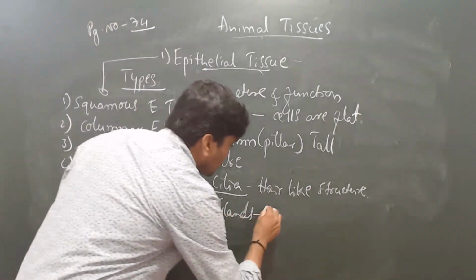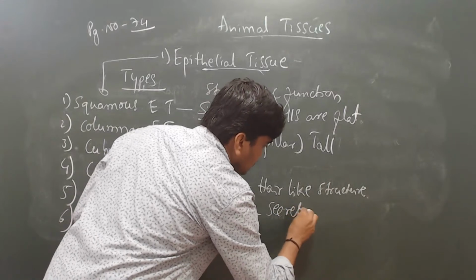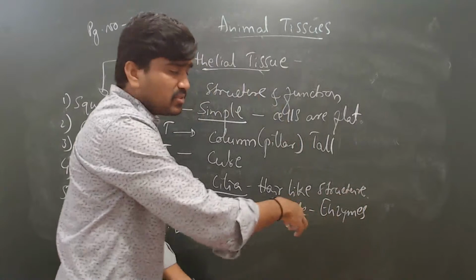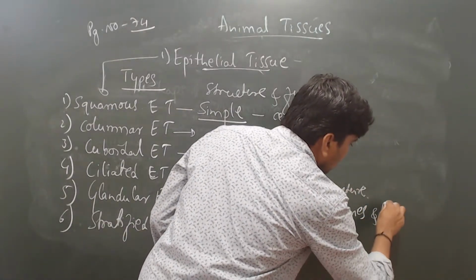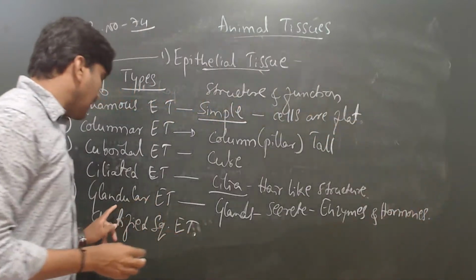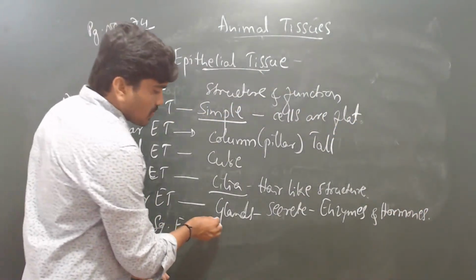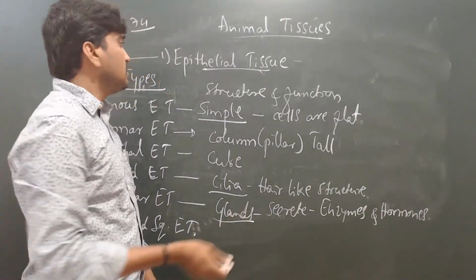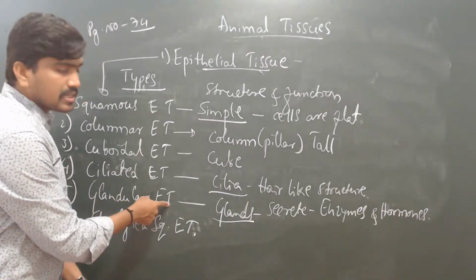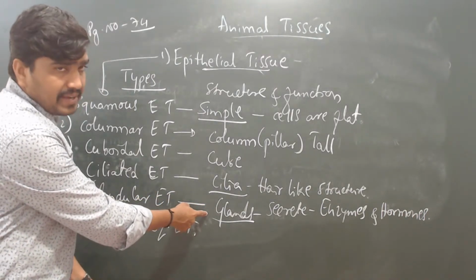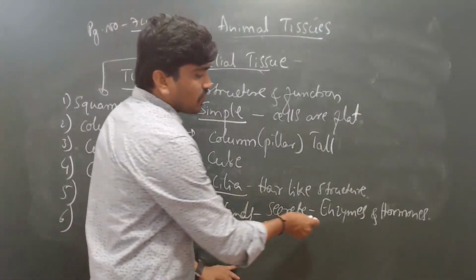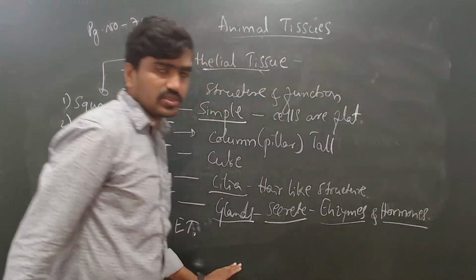Gland function is always what? To secrete chemical substances in the form of enzymes as well as hormones. In glands, which type of epithelial tissue is present? Glandular epithelial tissue that forms the gland.